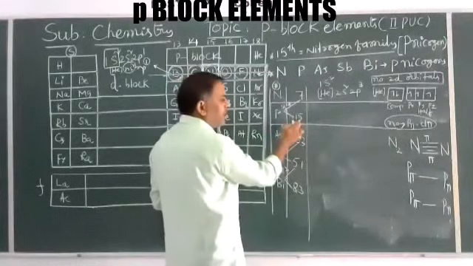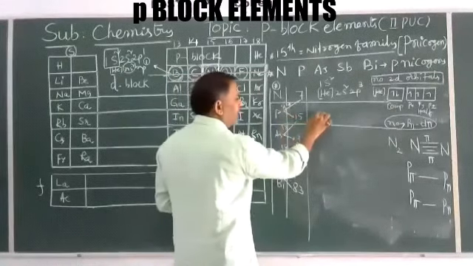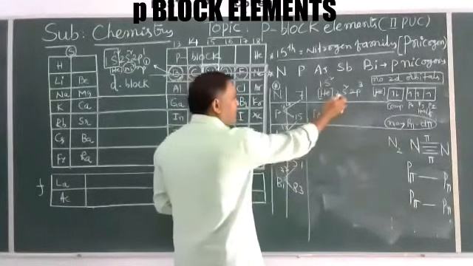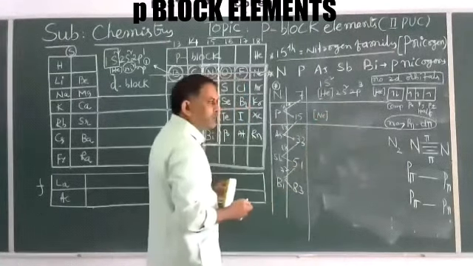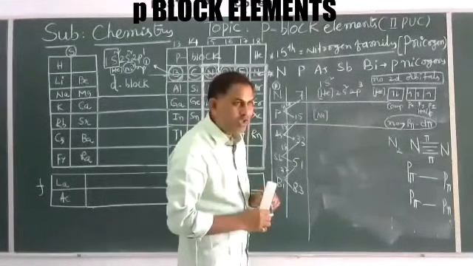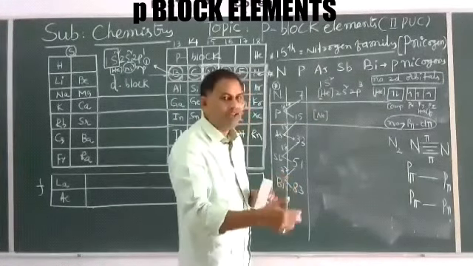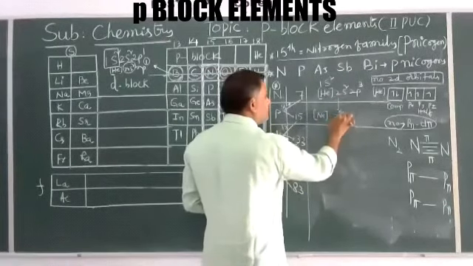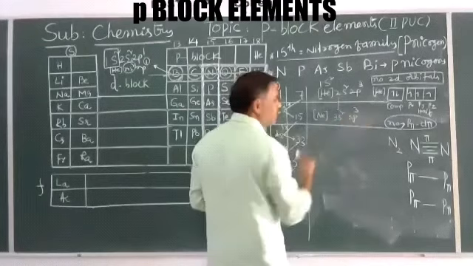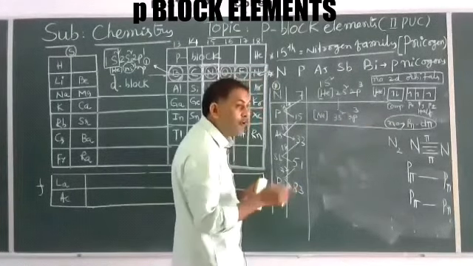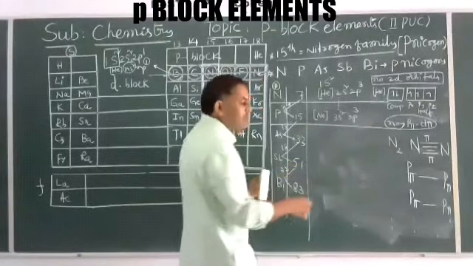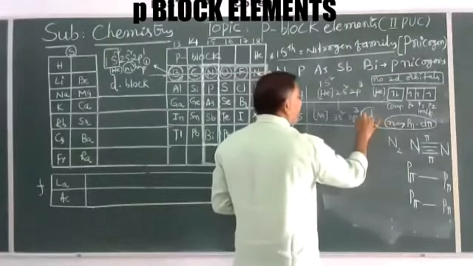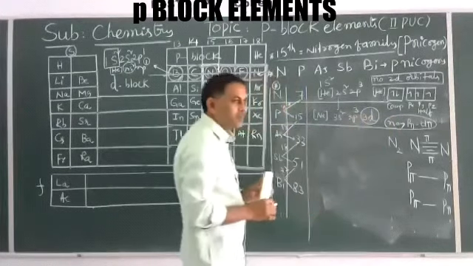Here, before 15, we know that is neon, atomic number 10. From top to bottom the atomic number increases, and the newly added electron enters a new main energy level. So it is 3s2 and 3p3. But d starts from the third main energy level. That's why here the electrons may be in the excited state, entering the 3d level.